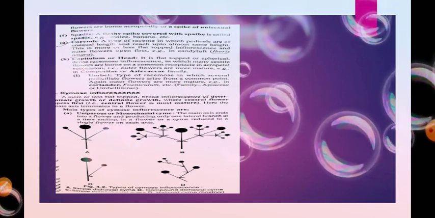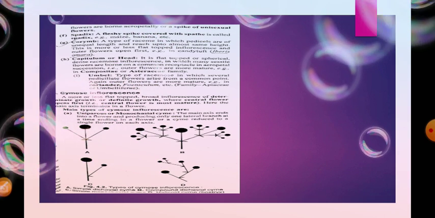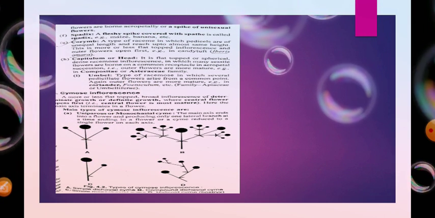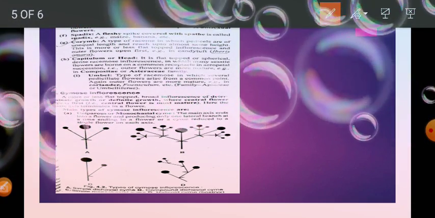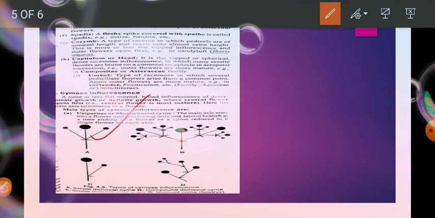Then comes the scorpioid monochasial. In scorpioid monochasial, the lateral flowers are borne alternately on opposite sides of the pseudo axis. Here you can see in figure A, this is the scorpioid monochasial.